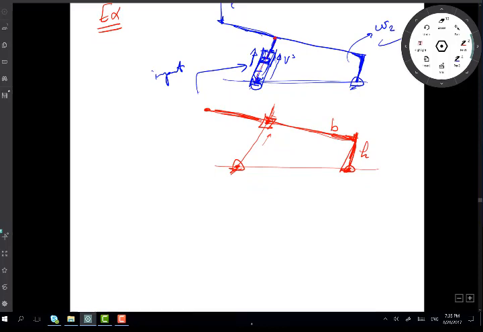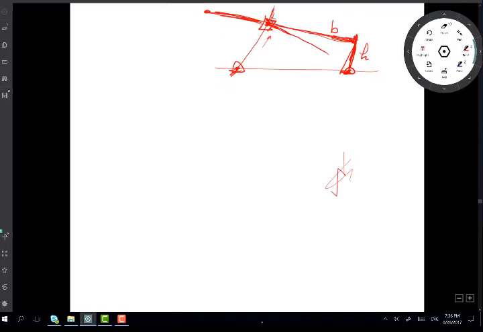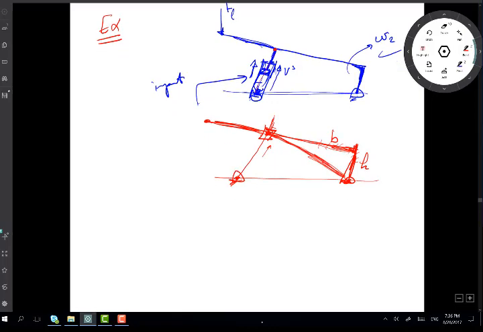Because that's all fixed, I can imagine I have connected those points. If I connect those two together, this link here will give me the same effect as those two.